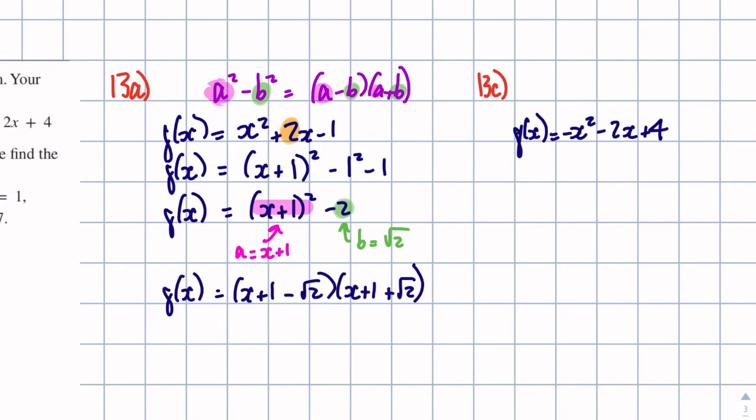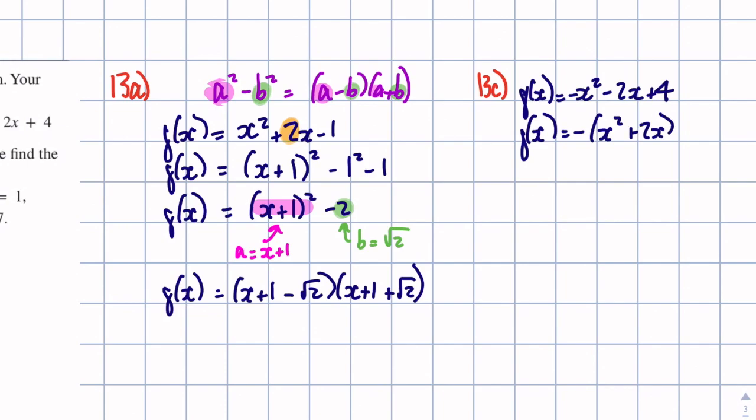So I'm going to take the negative out the front. So I get f of x equals negative x squared plus 2x, and then this plus 4 lives on its own.